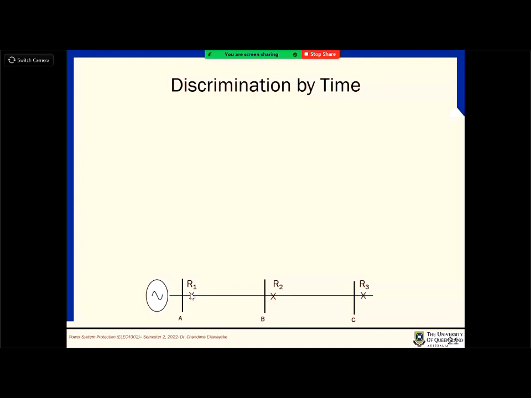The usual practice is that when you go towards the generator, the operating time of the relay will increase. So that is how you set the relays.